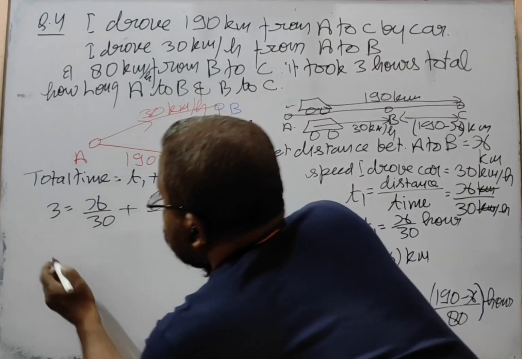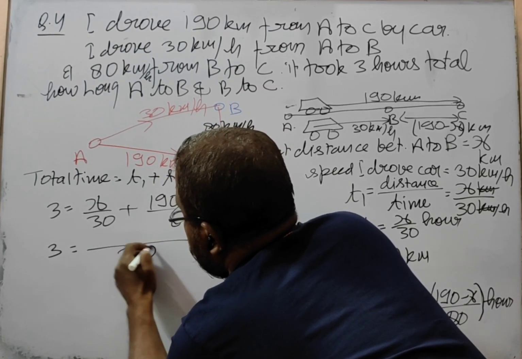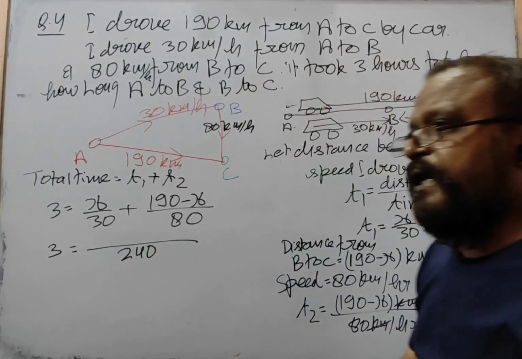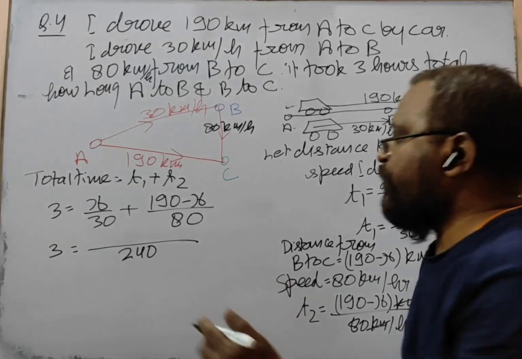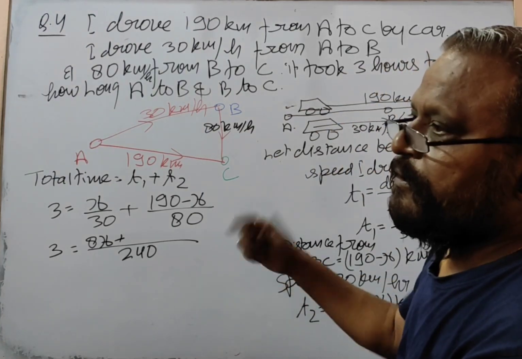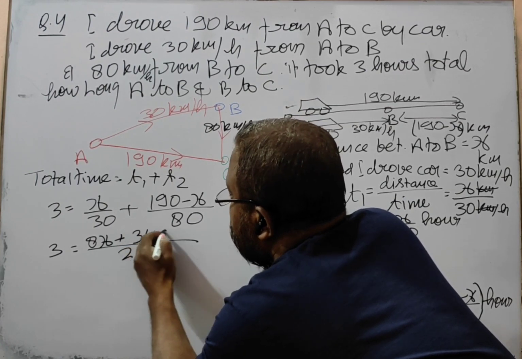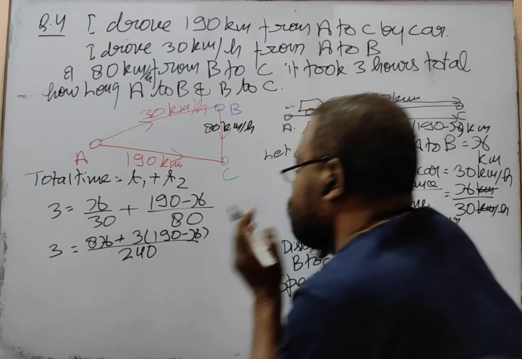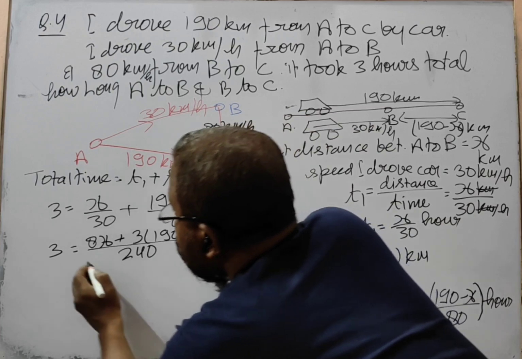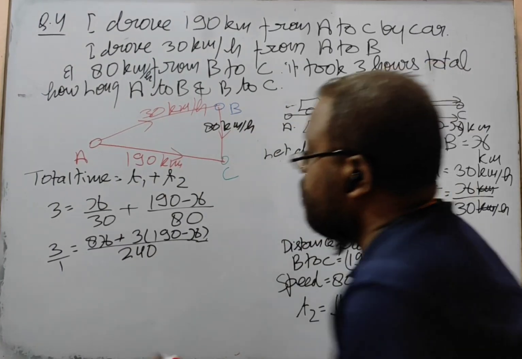Now, 8 times 30 is 240. So 8x plus 3 times 80 is 240. So it is 3 bracket 190 minus x. Now we do the same process we did earlier, cross multiplying.